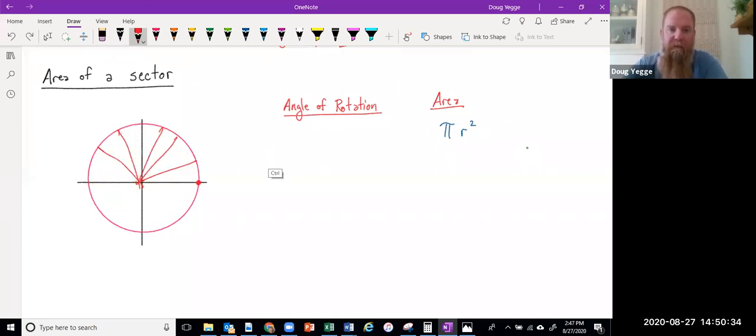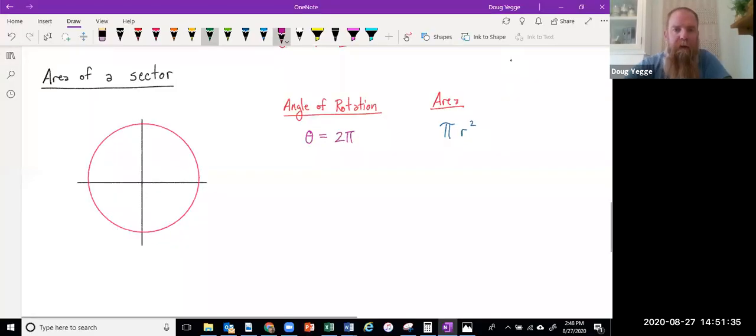Now that angle in this particular problem is 2 pi. And so the angle theta is 2 pi. All right, so since theta is 2 pi, it looks like I'm multiplying by pi r squared, or I'm multiplying pi times the square of the radius. Now I'd like to investigate how to find the area of just half of a circle.